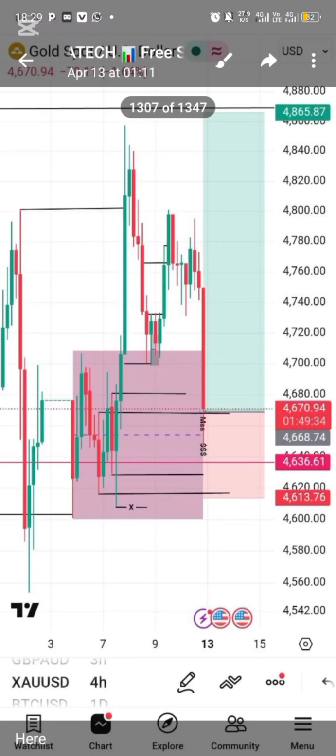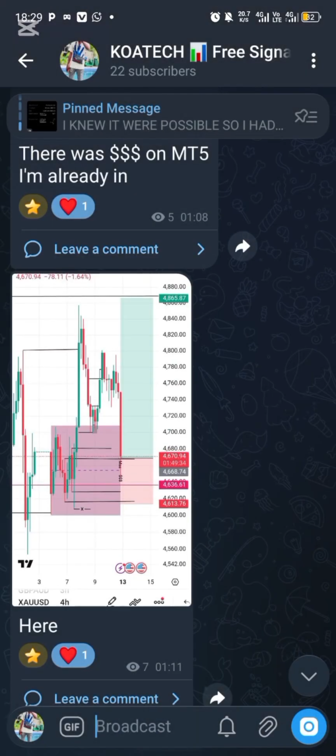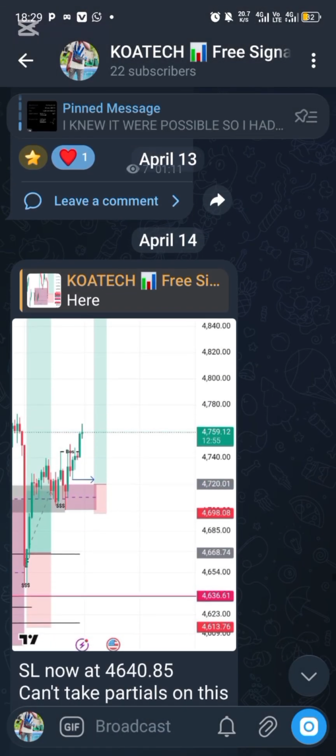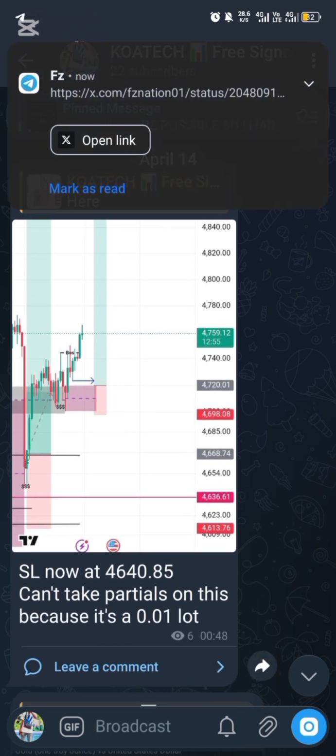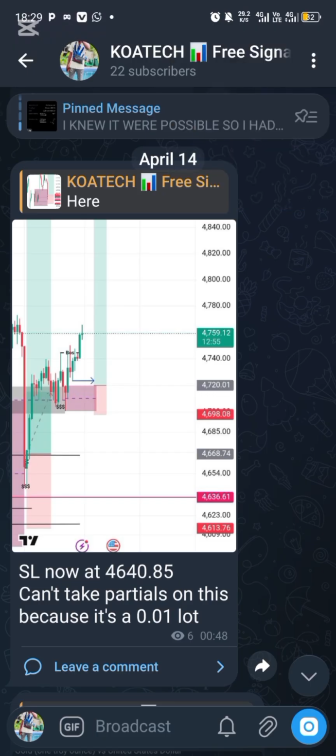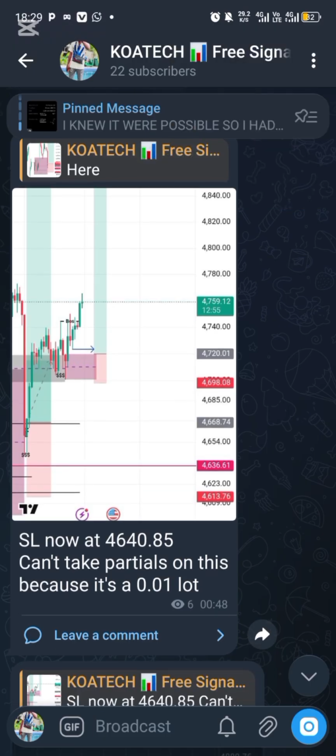And look at the position here. So this trade ran and was a 1. And look at when the trade was moving. I see SL now at 46.40. So I can't take partials on this because it's a 0.01 lot.